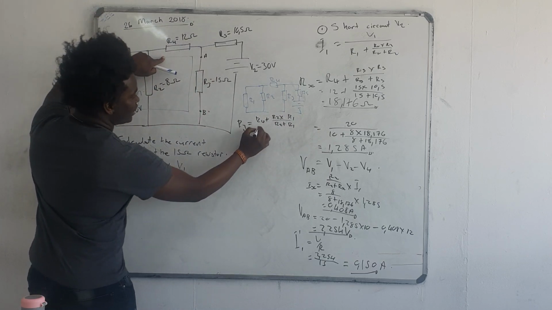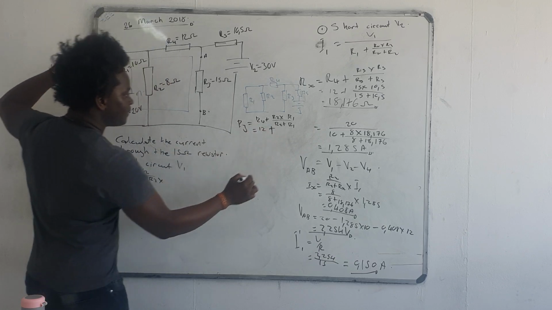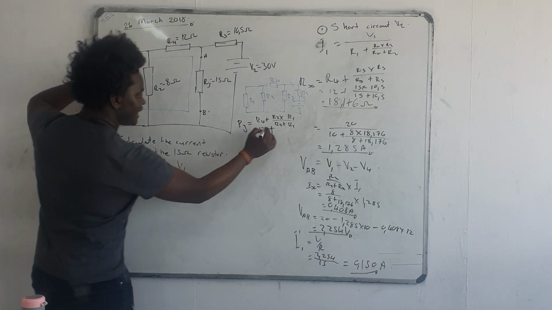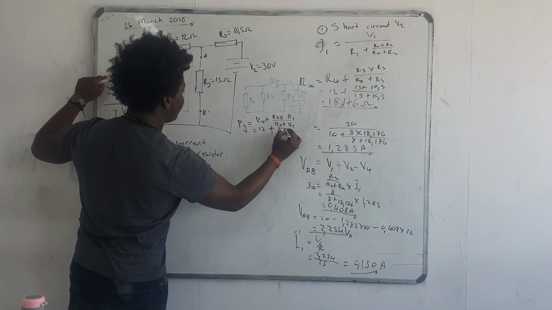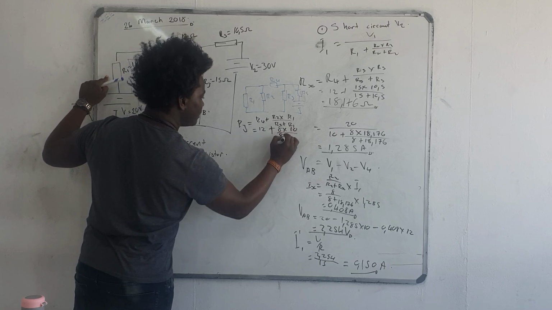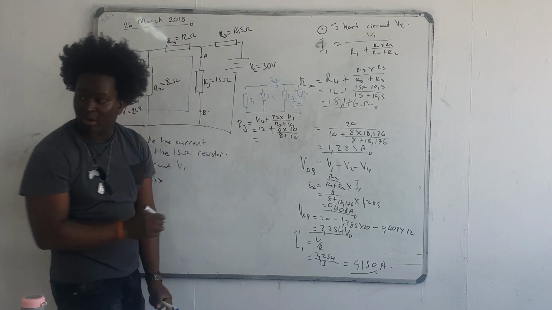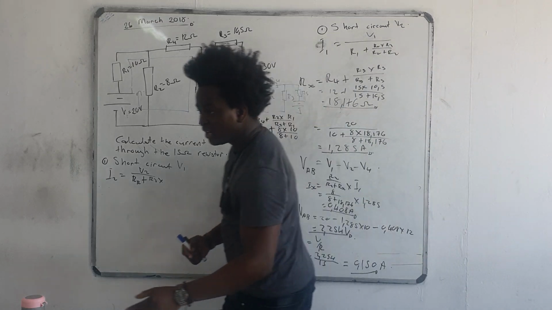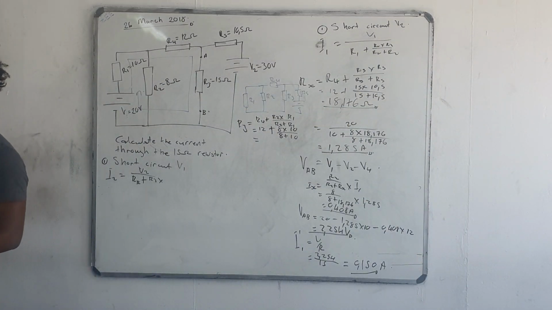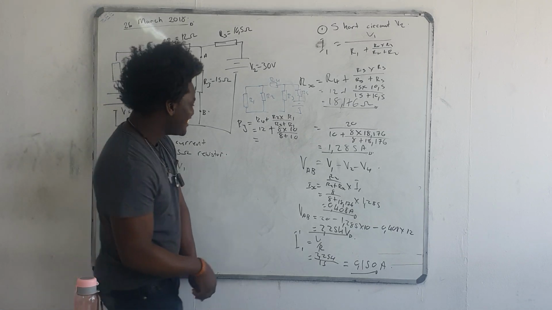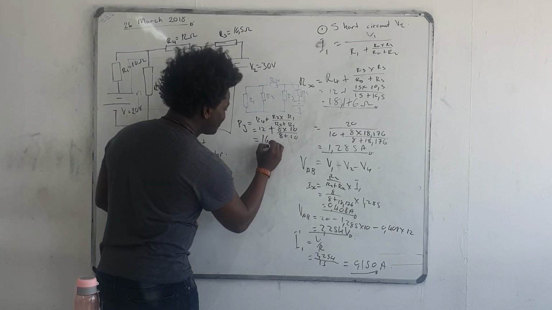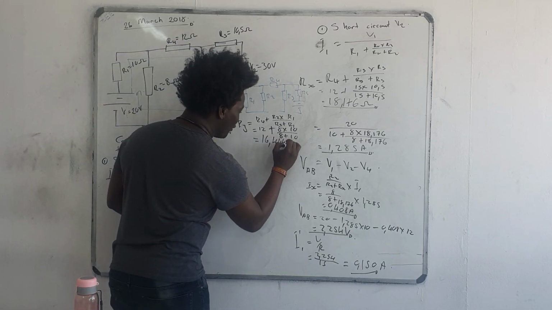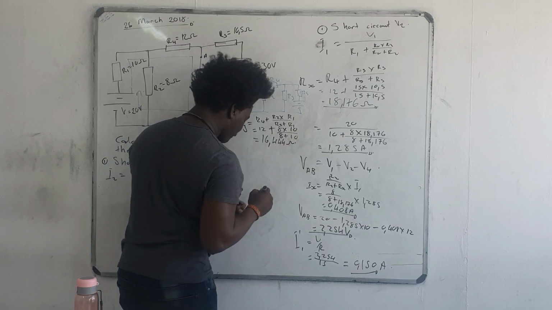Our R4 is given as 12 plus R2, which is 8, multiplied by 10 over 8 plus 10. What do we get as our answer? I'm guessing 16 point something. Yes, that was a guess. You get 16.444 ohms.